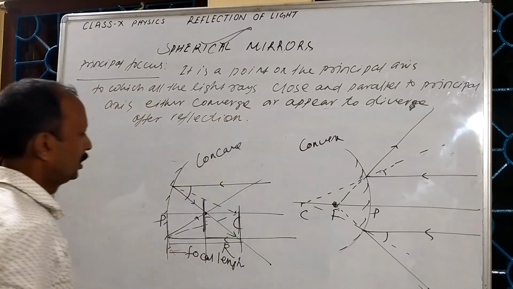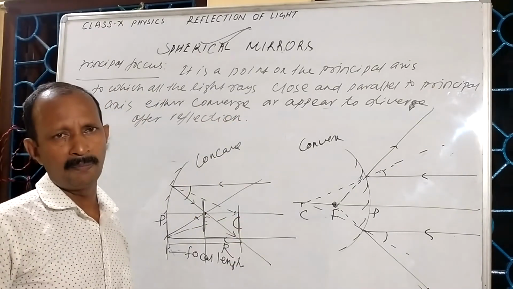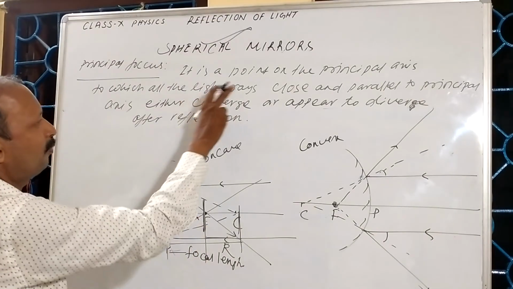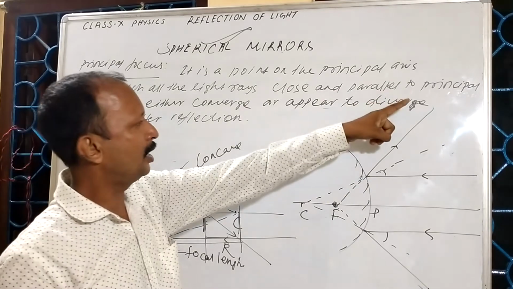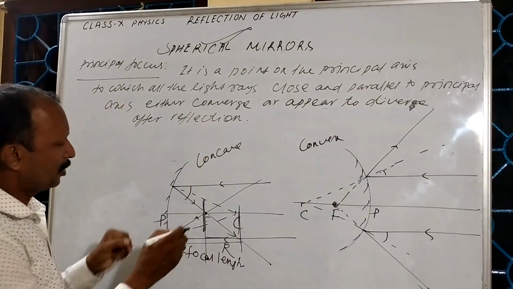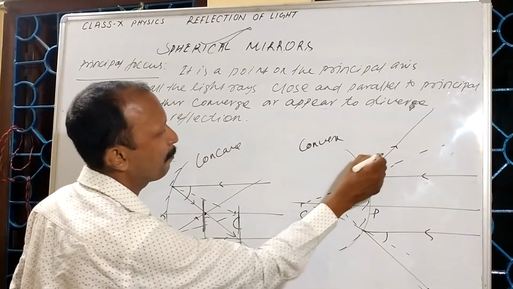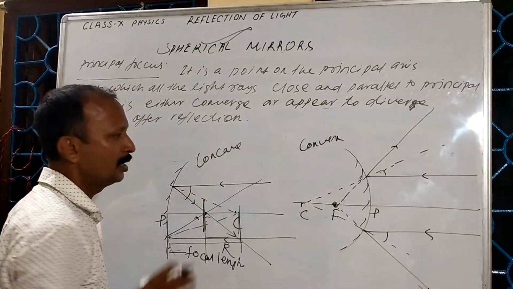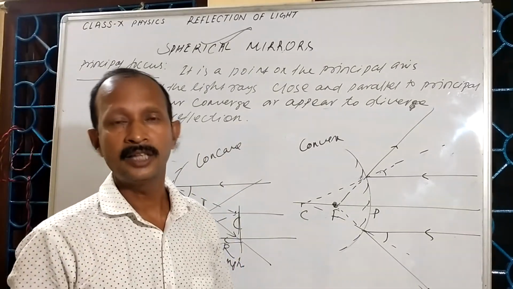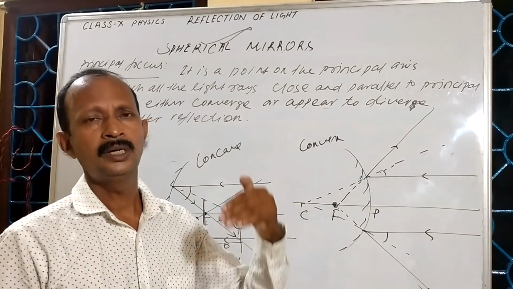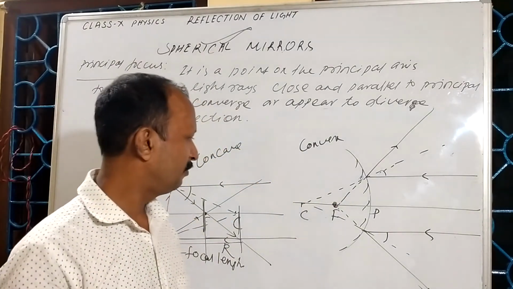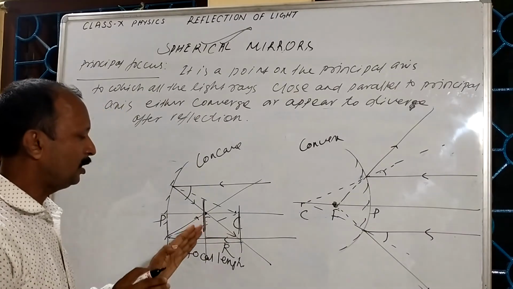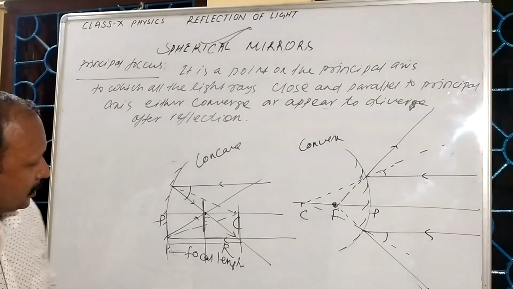See here, both the definitions I have combined. I said it is a point on the principal axis to which all the light rays close and parallel to the principal axis either converge or appear to diverge after reflection. That means the reflected rays either converge or appear to diverge. So it is a point on the principal axis.